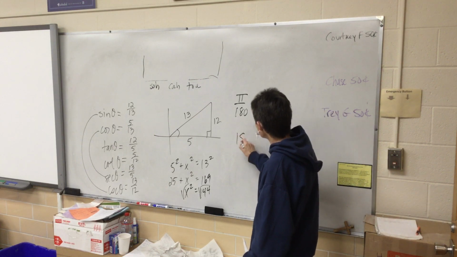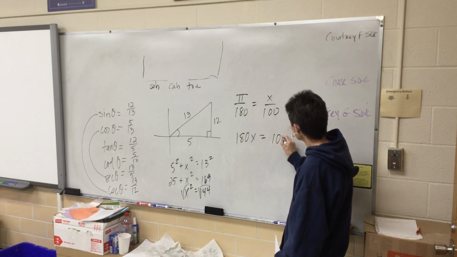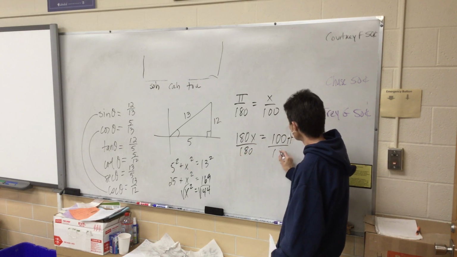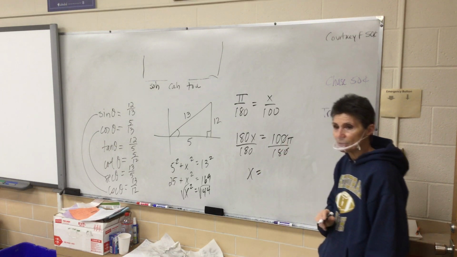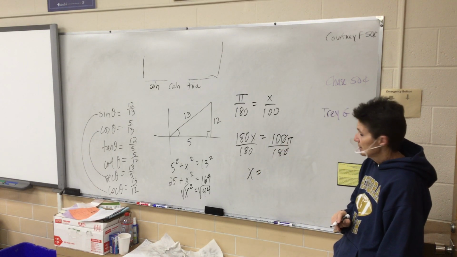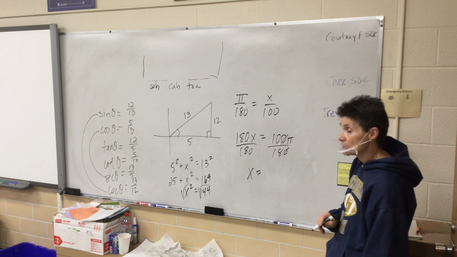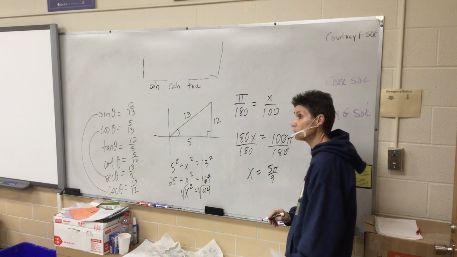So 180x, I'm cross multiplying, equals 100 pi. I'll divide by 180, and these are the kind where you can often cancel out some zeros to make your number smaller. So we have 10 over 18, which is 5 over 9, because they're both divisible by 2.